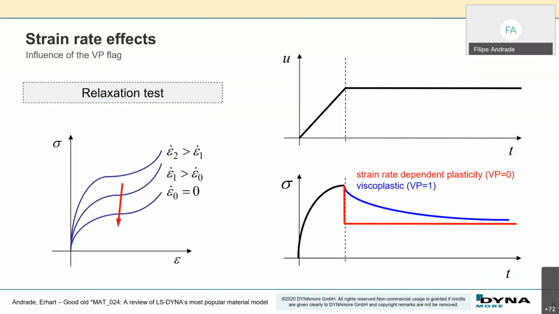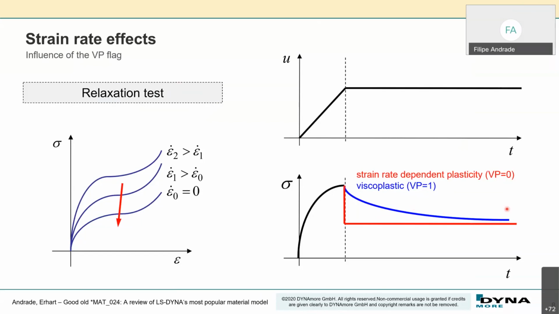With the viscoplastic formulation, you do get a nice relaxation over time. So in the end, this effect is of course more physical. When it comes to VP3, I have to be honest, I never did that test, so I'm not 100% sure what the effect would be. I don't believe you're going to have this viscoplastic relaxation with VP3.